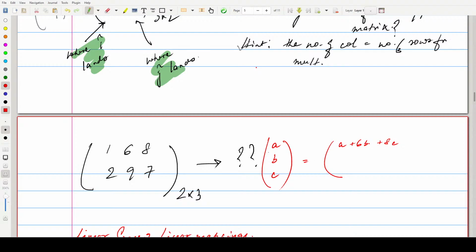I hope that I did that right. And 2A plus 9B plus 7C. Right? So as we've seen, this is essentially a three-dimensional vector going down to a two-dimensional vector. So is that clear to you guys, what's happening and what's not?